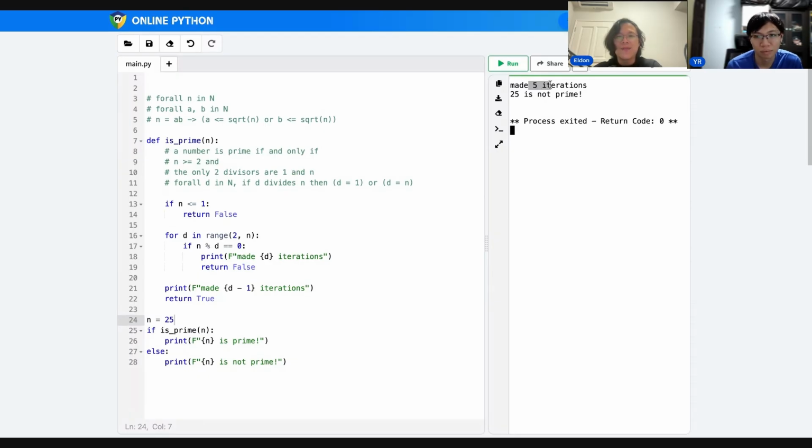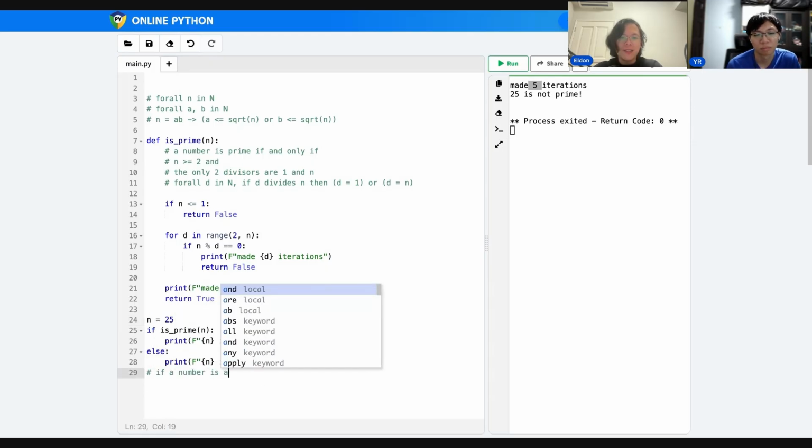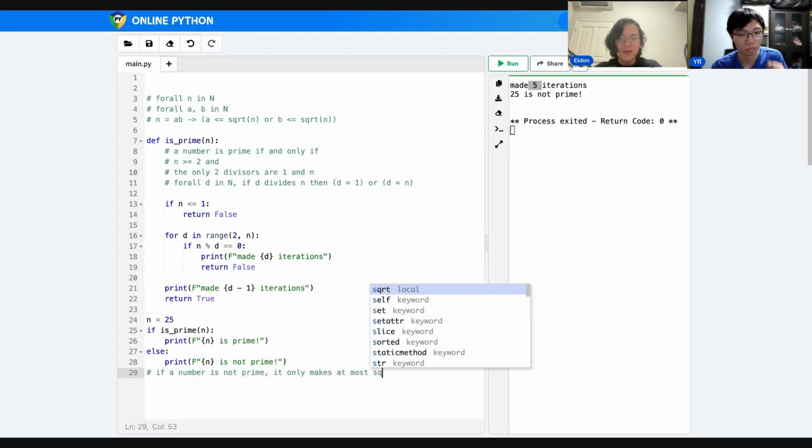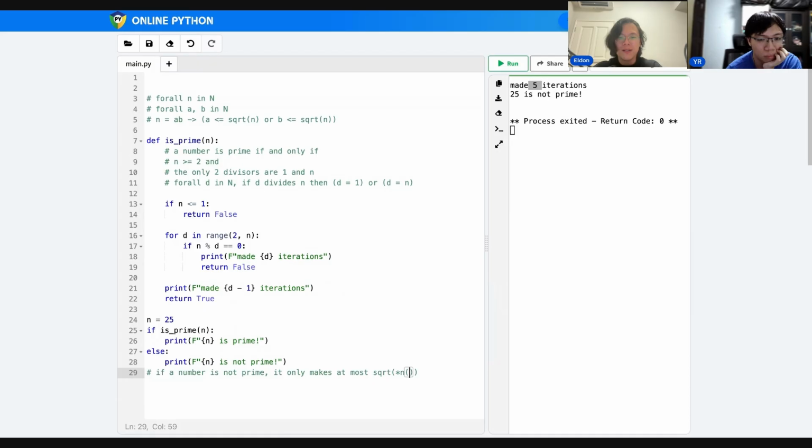Okay, so I claim the following. If a number is not prime, it only makes at most square root n iterations. And also, if a number is prime, it makes d minus 1 iterations.